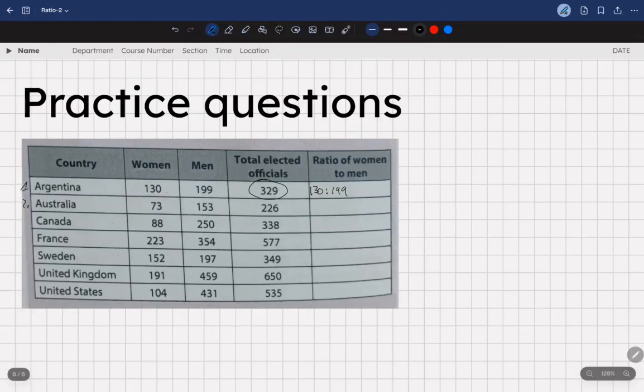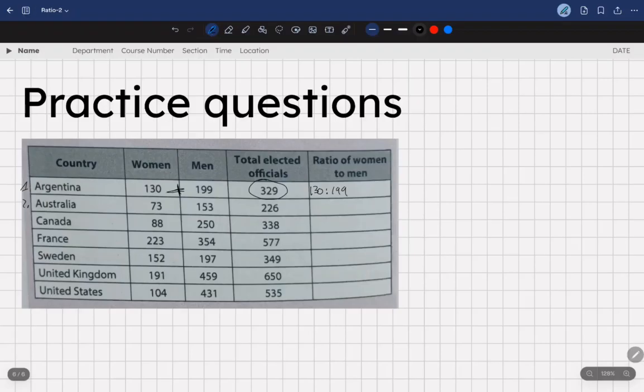And how we know that one man and one woman each represent one elected official is by adding them. If we add 130 with 199, the total elected officials are 329, showing that this is true.